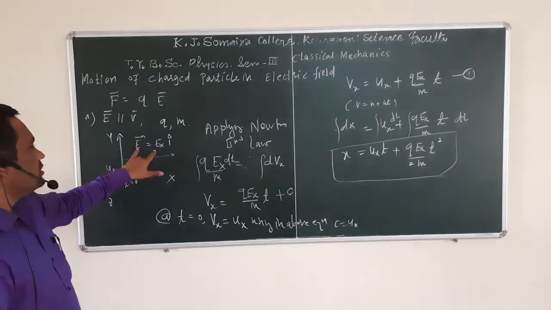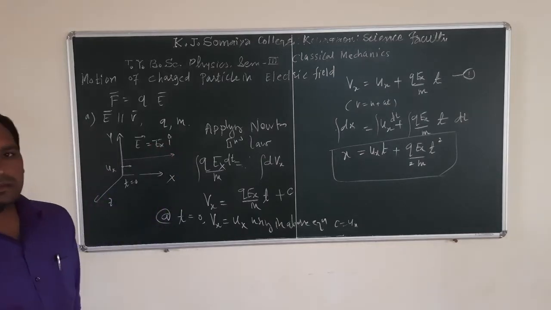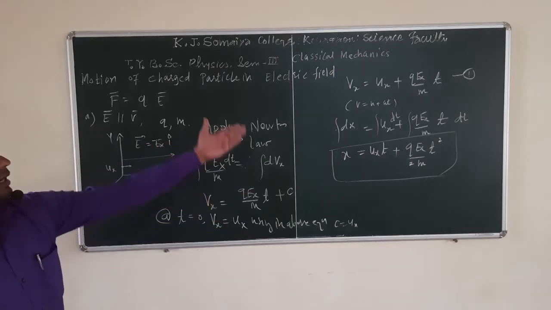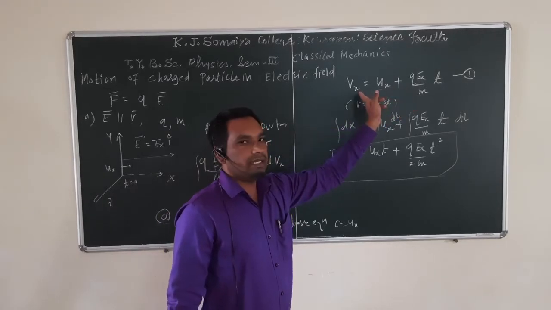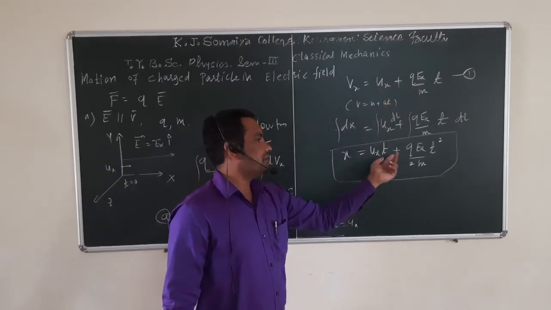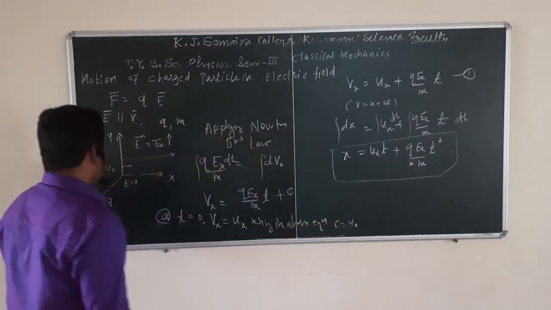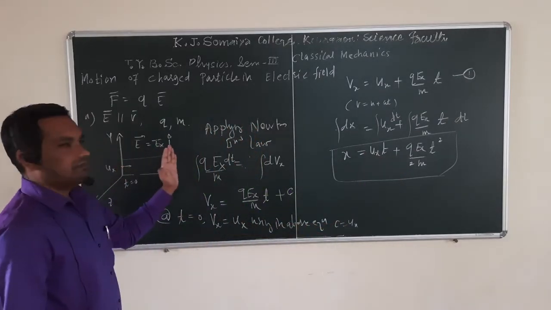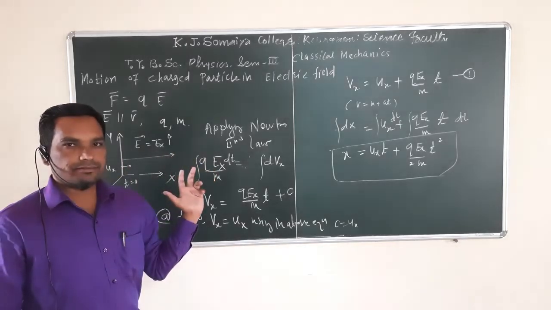If you shift the direction of the electric field to minus x, what will happen? Then in that equation we get a negative sign, which means velocity goes on decreasing, and in this equation also we get a negative sign. Which means the charged particle goes in this electric field, but its velocity goes on decreasing.